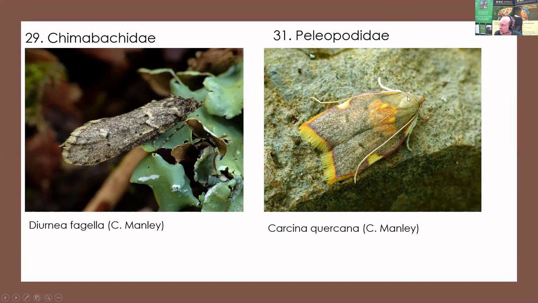And it doesn't look like a Pyralid either, because the antennae would start sort of on the back of the head and go trailing around the back rather than this sort of sweeping round. So again, Carcina quercana is common, widespread, and really, really distinctive. Once you've recognized it, you're not going to mistake it.